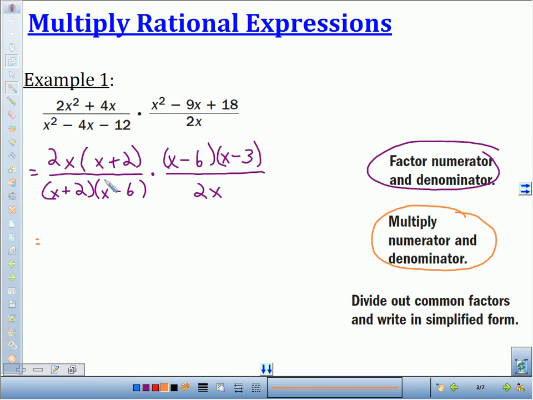Multiplying all this together gives me 2x times x plus 2 times x minus 6 times x minus 3. So you can see we literally just line everything up when we multiply. There's not much to it.